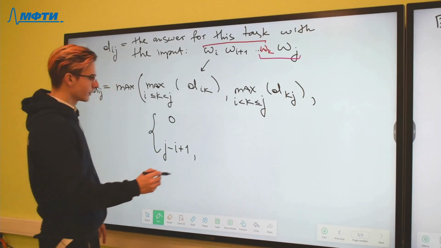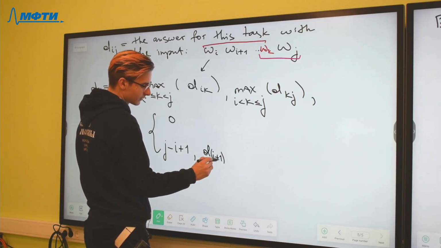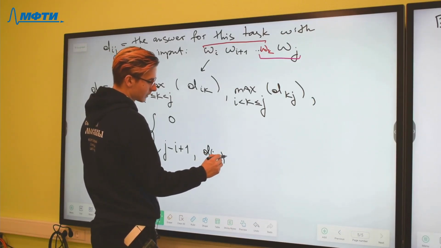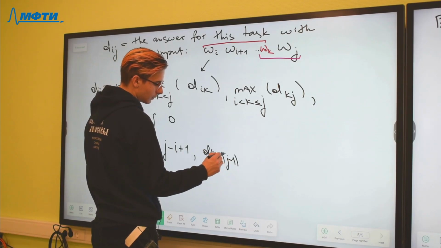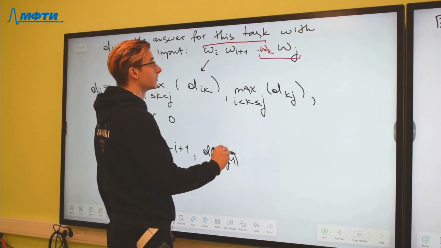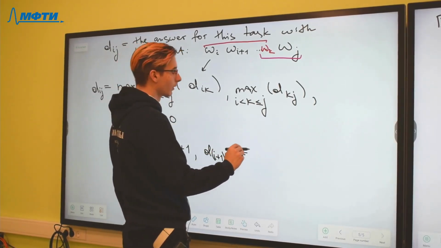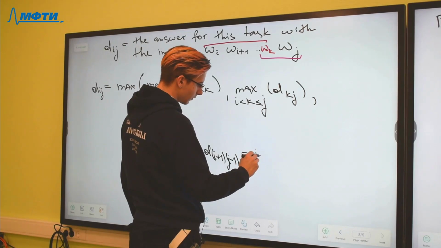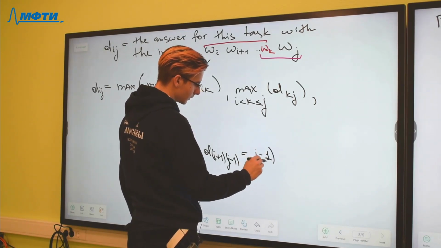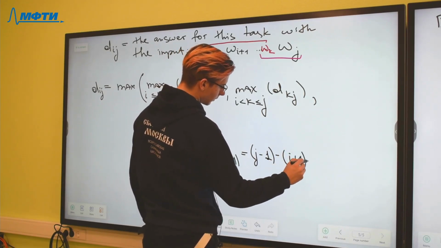G minus E plus 1. It is if the answer for this subtask is equal to the difference between them, plus 1.